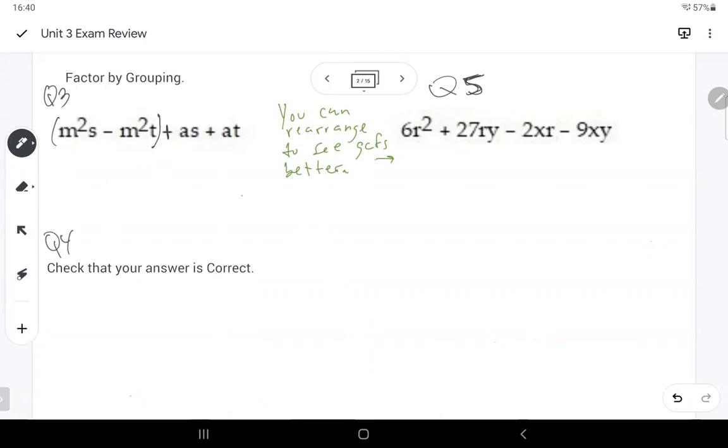I'm going to do a plus and then the minus inside with the a s. I'm going to pull out the m squared, so I get s minus t left. And then I'm going to pull out the negative a. So again, I get s minus t. So I'll have m squared minus a and s minus t.